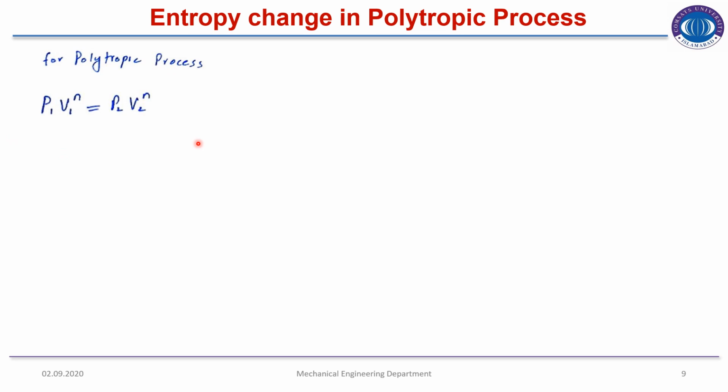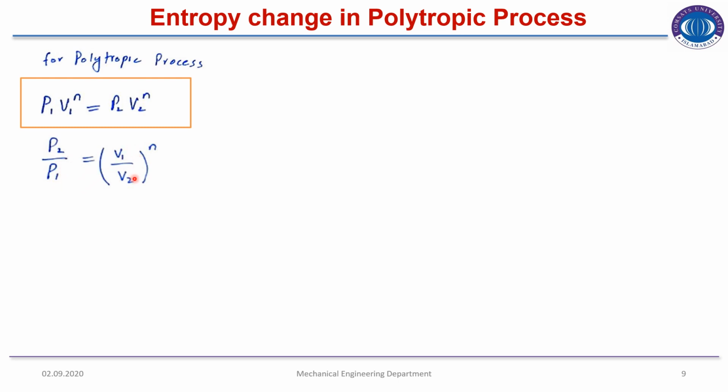Now we are using the first relation for the polytropic process. Usually that is the most generalized relation for the polytropic process as well. In the previous step, the term after the natural log was P2 over P1. So from this generalized expression for the polytropic process, we calculate the ratio P2 over P1.